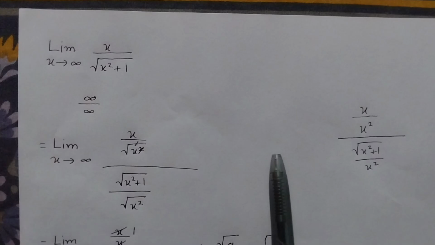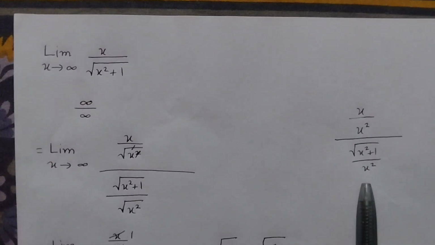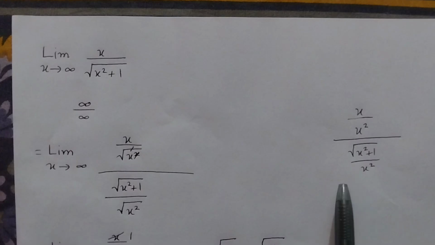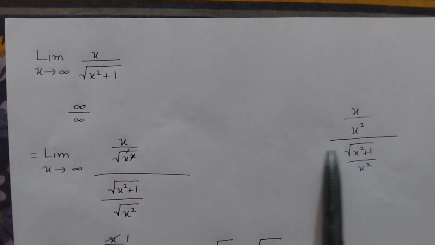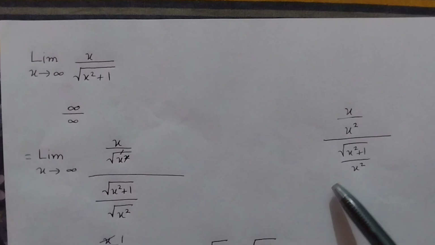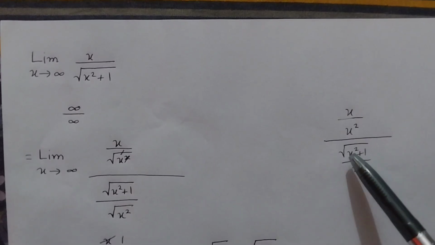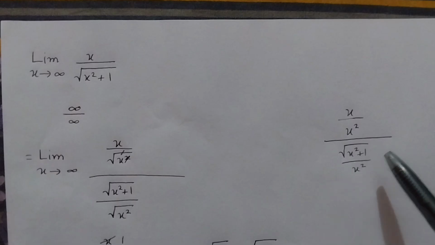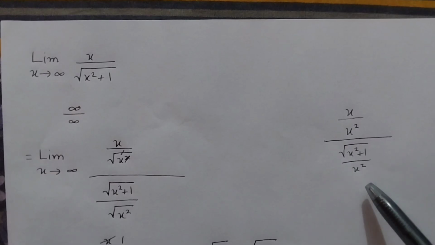But here it's not possible. And why is that strategy not fruitful here? Because if we divide this given function by x squared, we have x over x squared over the square root of x squared plus 1 over x squared.